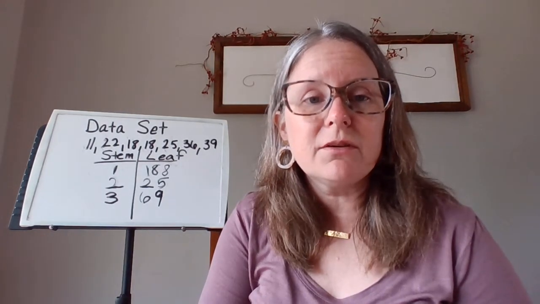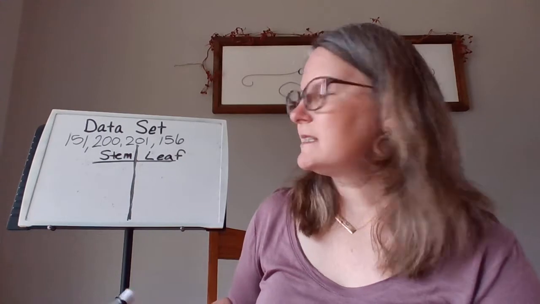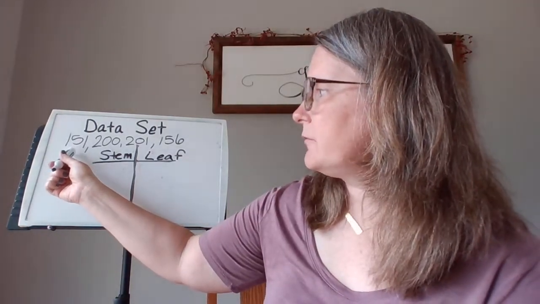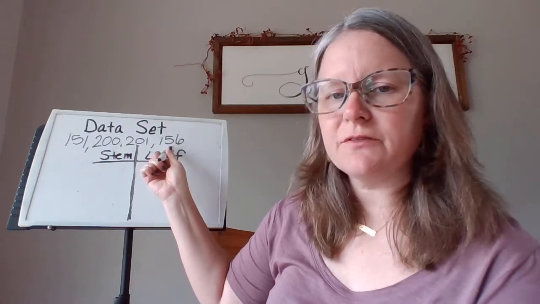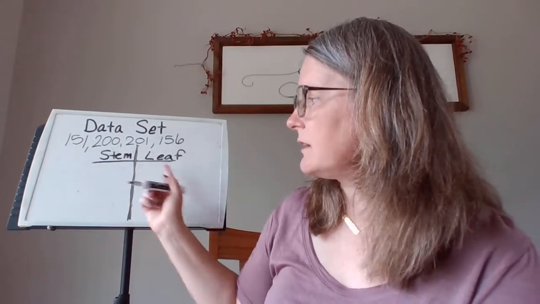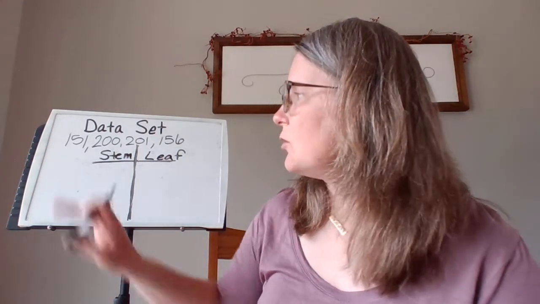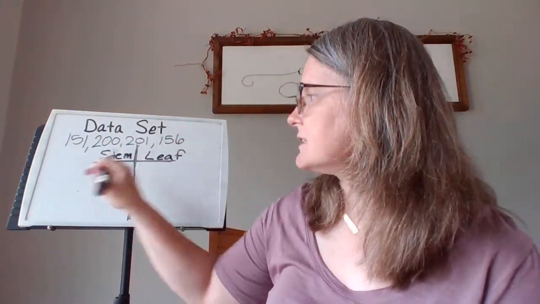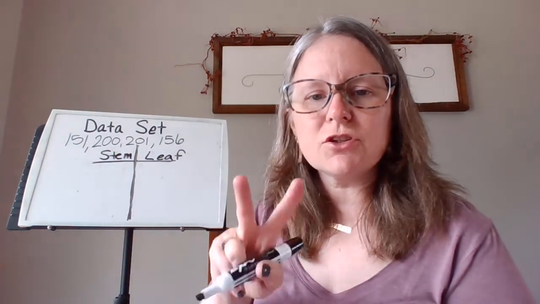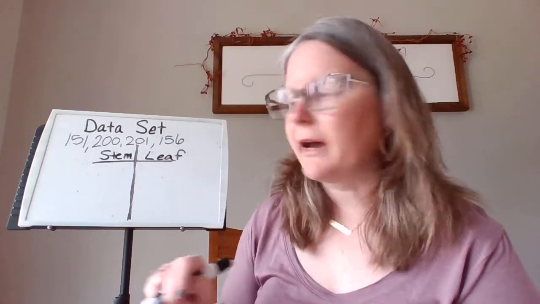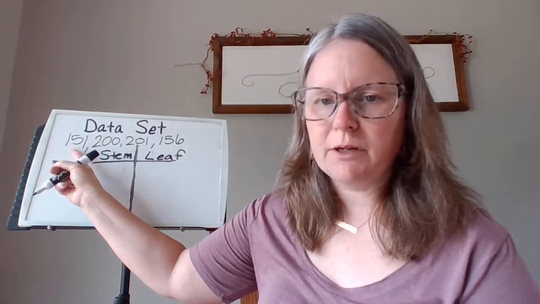And before we go, I want to also show you what we would do if our numbers were even larger. What would we do if they were in the hundreds? So for this data set, we have 151, 200, 201, and 156. But you notice our stem and leaf still only has 2 columns. We don't have 3 columns. So when we have hundreds like this, our stem shows up as the first 2 numbers that are in our actual number.